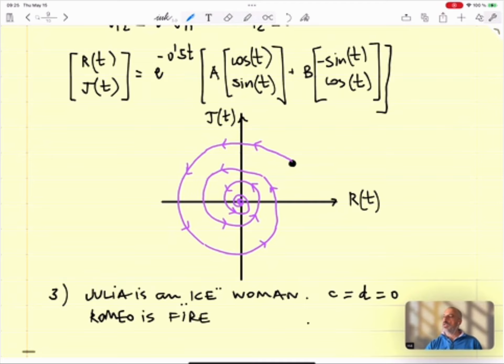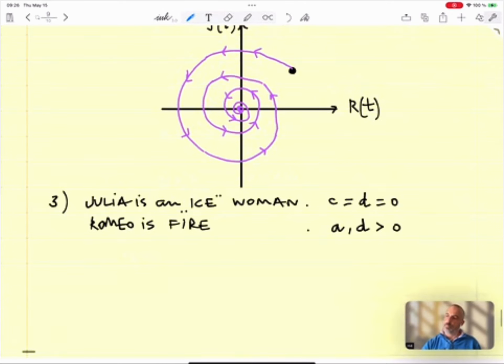And a and b are bigger than 0. So lambda is going to be a plus square root of a square, divided by 2.